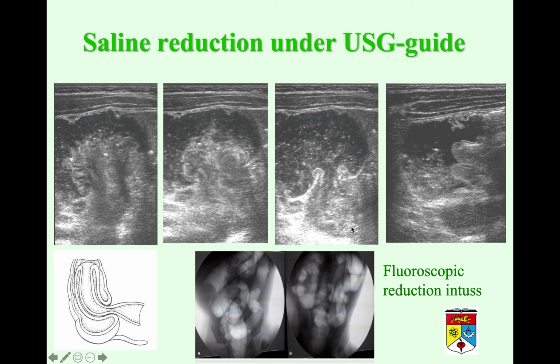Same principle, but different materials and different imaging modalities being used. In saline guided reduction, we use ultrasound, no radiation, but in fluoroscopic guided reduction, they use fluoroscopy, and it involves radiation.